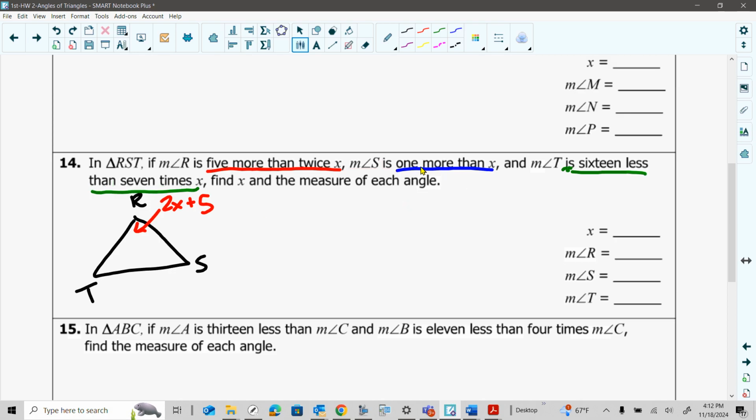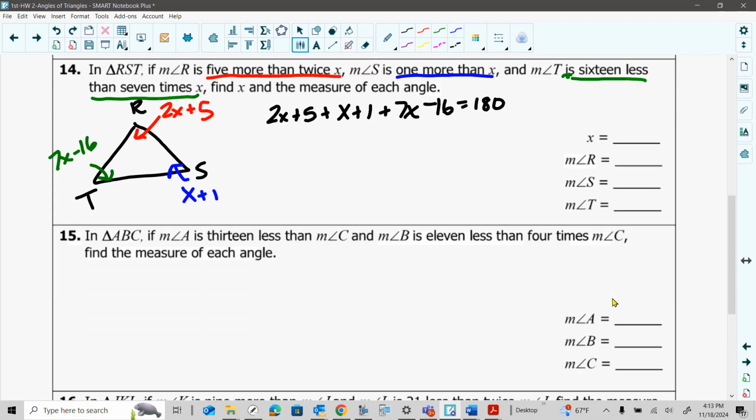For angle S, which is 1 more than x, that would just be x plus 1. And since T is 16 less than 7 times x, that is 7x minus 16. Less than is subtraction. And then from there, we're just writing the equation equal to 180. Solve for x, and then plug it back in to find each angle. On this side, you have to plug back in, whereas in the front on number 12, you're just finding the variables x and y.